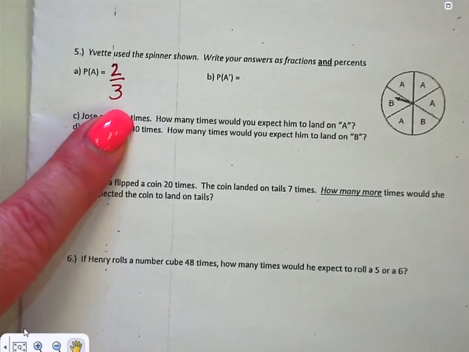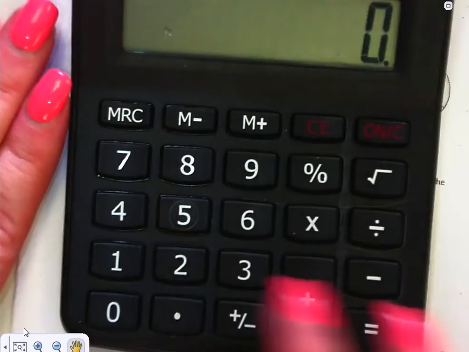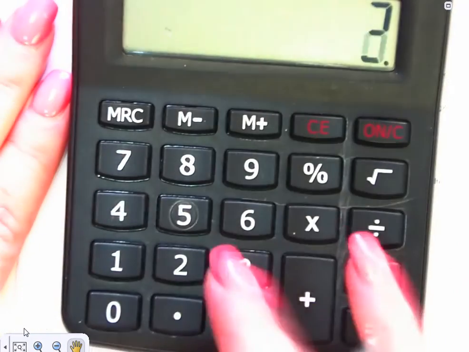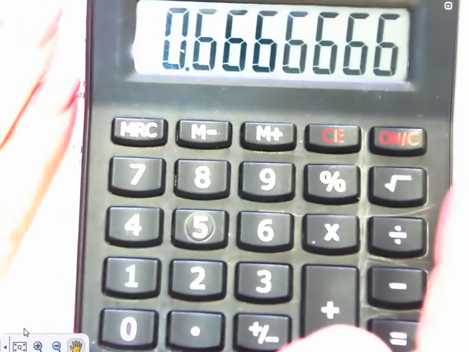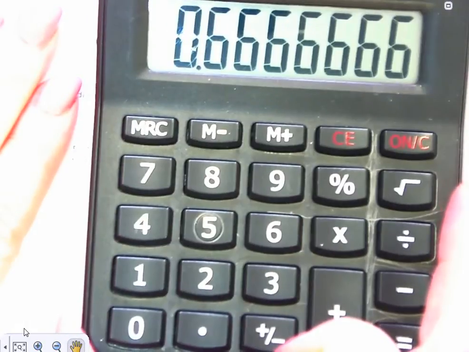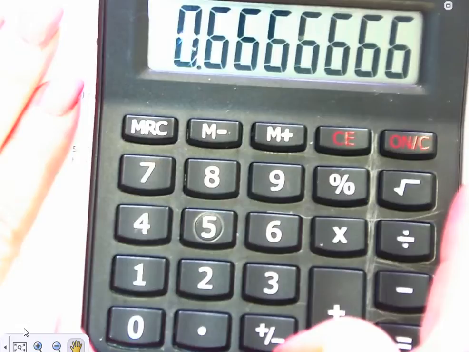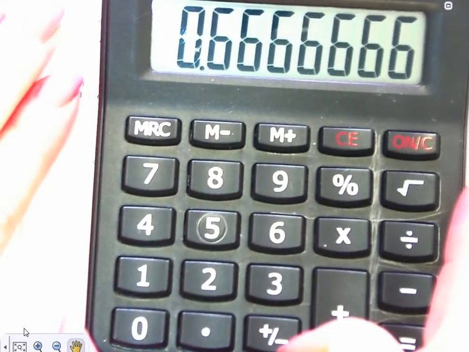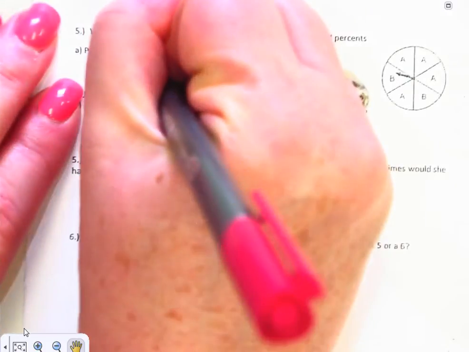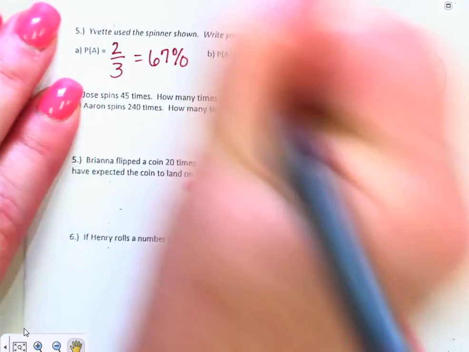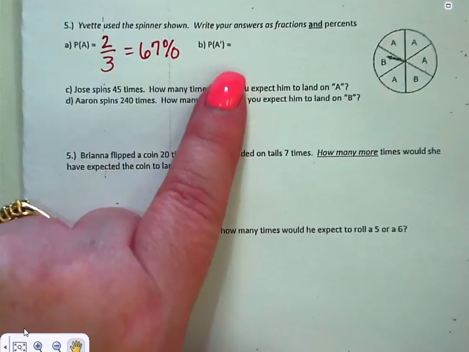So we're writing as a fraction and a percent. So to turn that to a percent, I say 2 divided by 3. So let's round that to the nearest percent. So it's 66% or 67%? 67%. So what would be the complement?